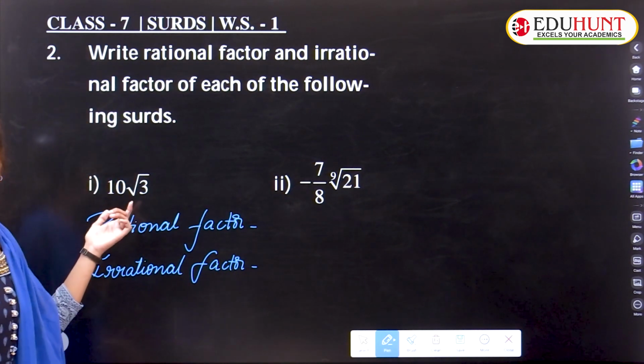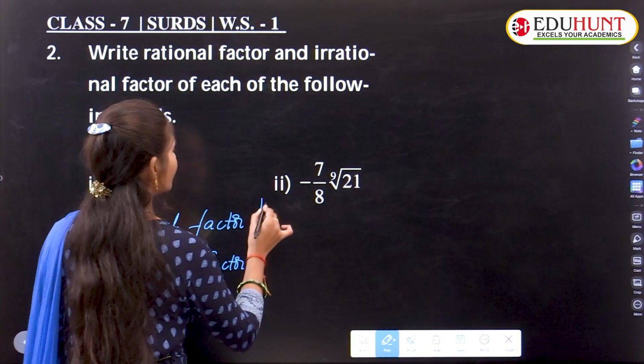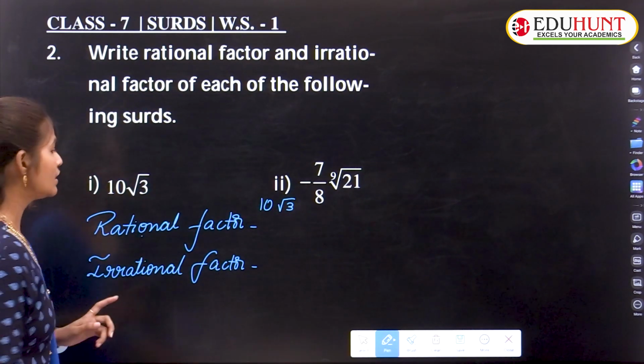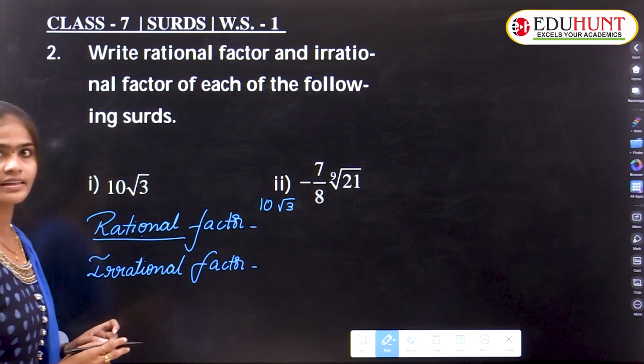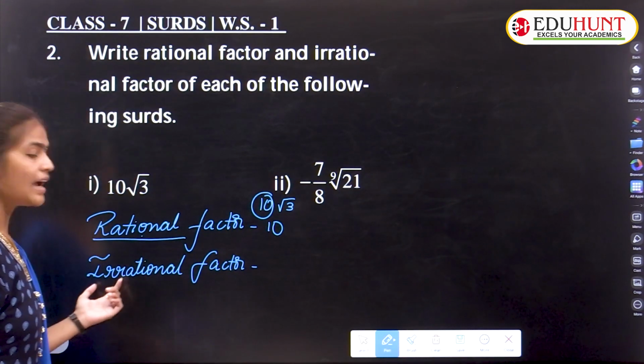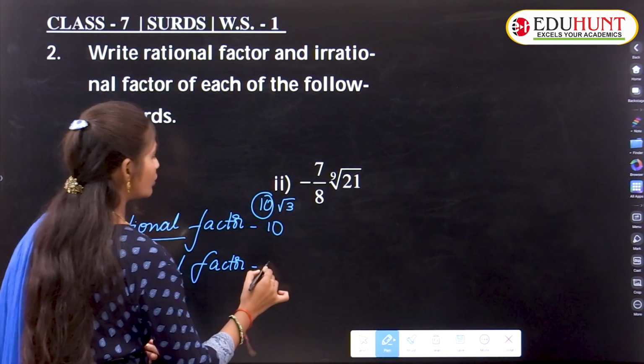First we take the given radical, 10 into root 3. What is the rational factor? Here the rational part is 10, and the irrational part is root 3.